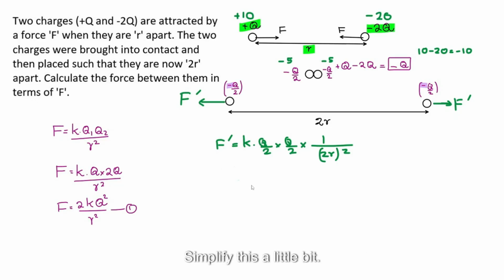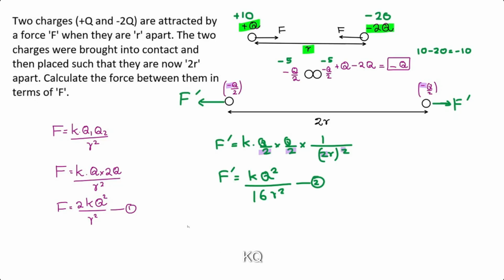Simplify this a little bit. F dash is equal to KQ squared over, we have 2 here, another 2 here, 2 times 2, 4. And I have 2 squared, that's another 4. So that's 16 r squared. This is my second one.